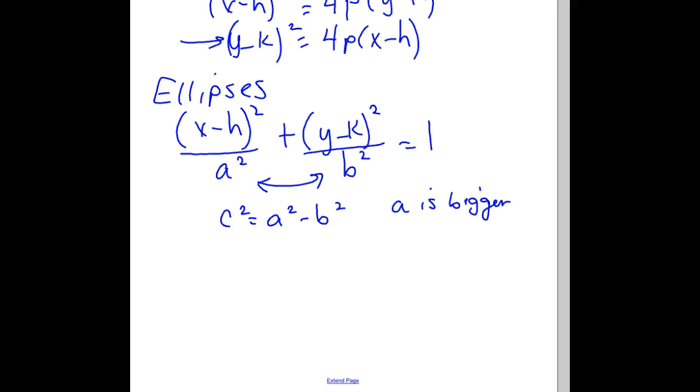What is a? I mean, what does it mean? Perfect. Distance from center to vertex. What is b? Somebody else. Good. Distance from center to covertex. And then c?